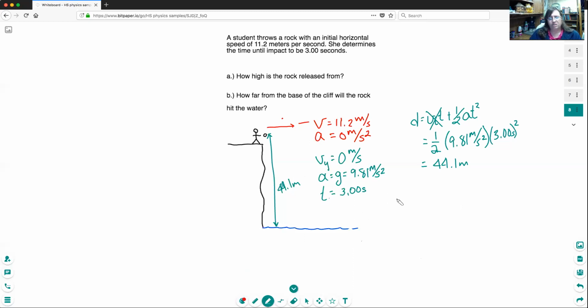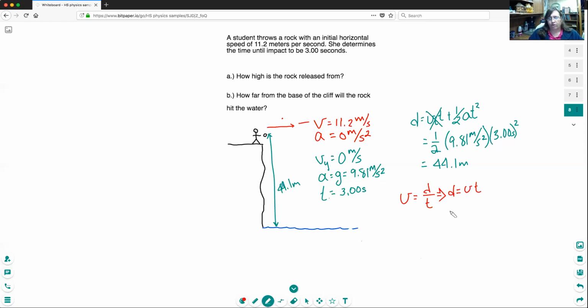So we can use a basic velocity equation where v equals the displacement divided by the time. But I'm looking for the displacement, so I'm going to rearrange the equation: the displacement is equal to velocity times time.